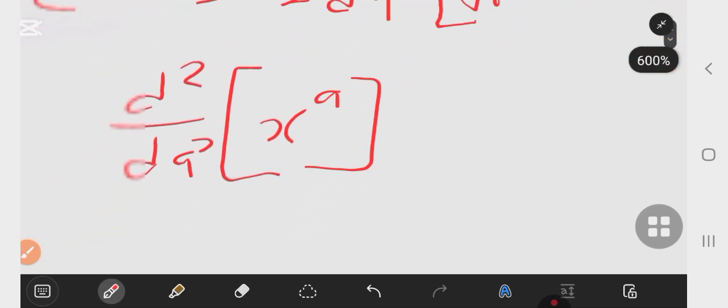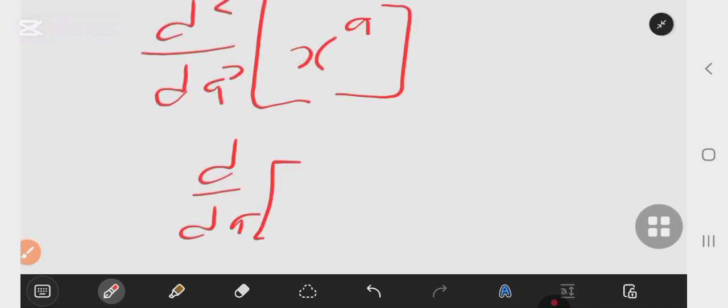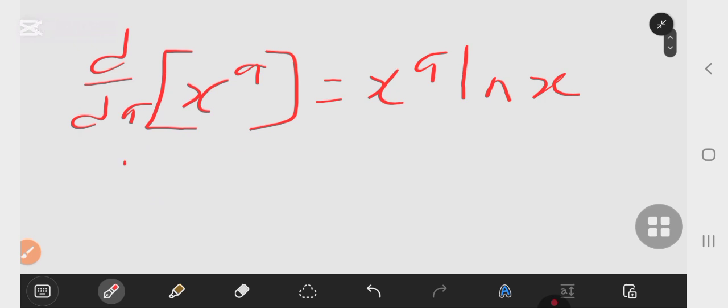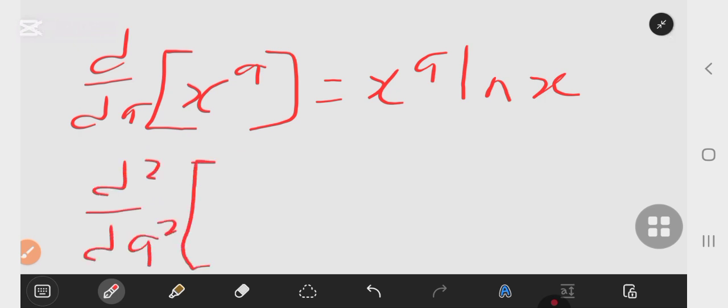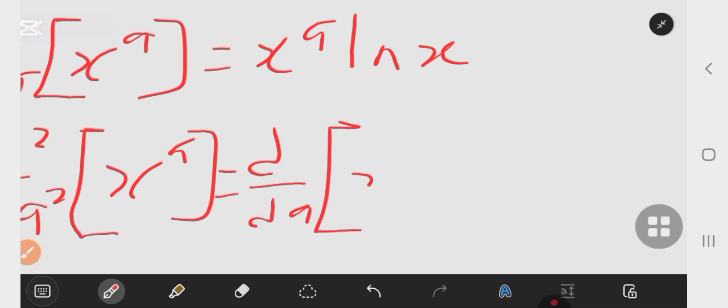Note that the derivative of x to the power of A is the same as x to the power of A times ln x. So the second derivative will now be differentiating for the second time x to the power of A ln x.